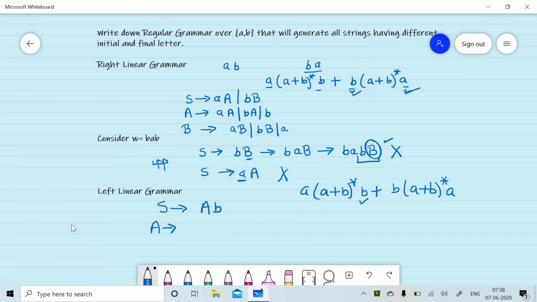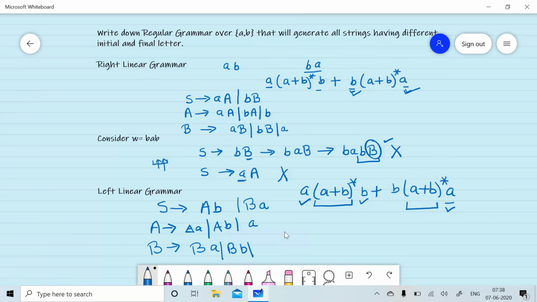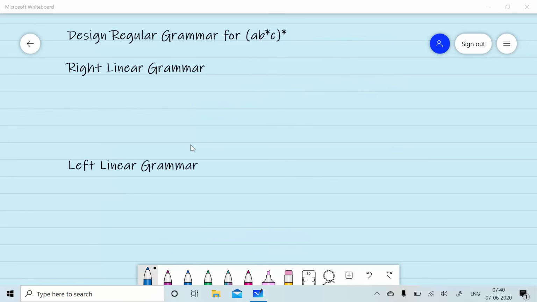Now if it is ending with b, then any number of a and b can occur, which is terminated by a. If it is ending with a, that can be generated by Ba, then any combination of a and b can occur and terminated with b.